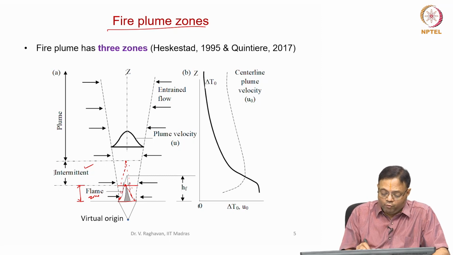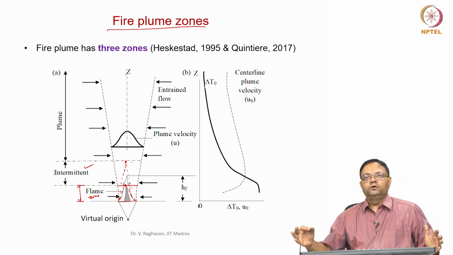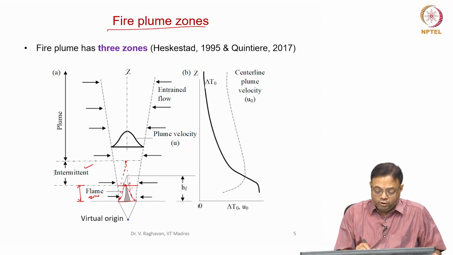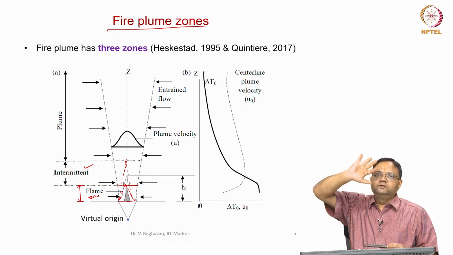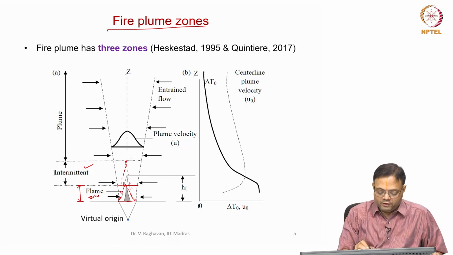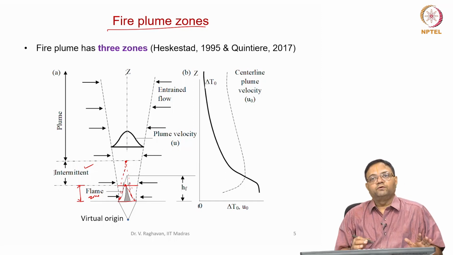So, what is the maximum height the flame grows to? If you track the flame for enough time, then you can note the maximum height at which the visible flame is seen. That is taken as the intermittent zone height, and the flame zone is the one where the flame is always seen.